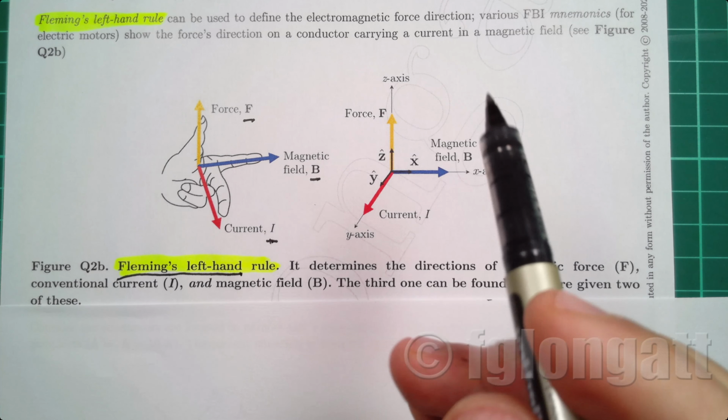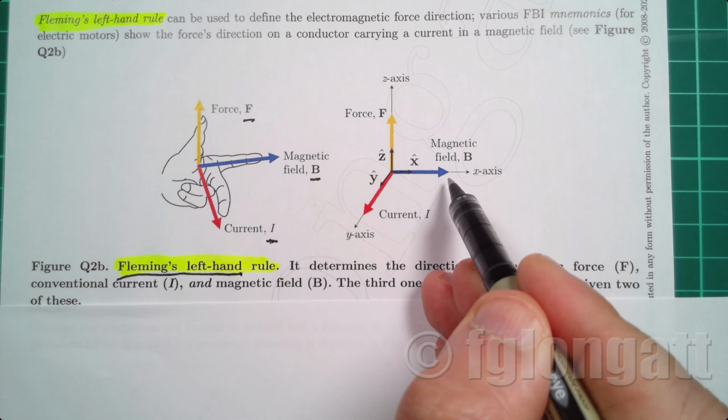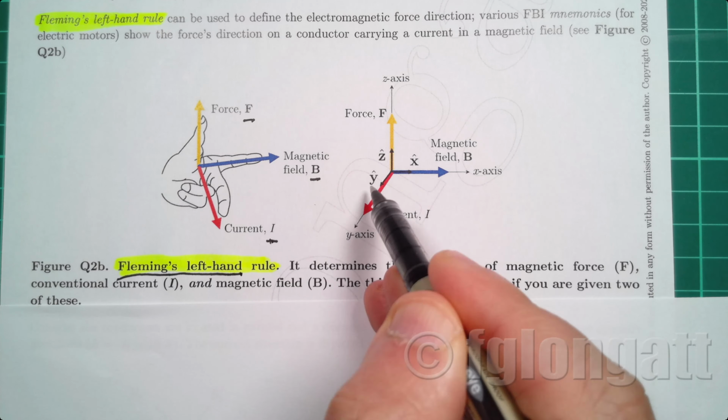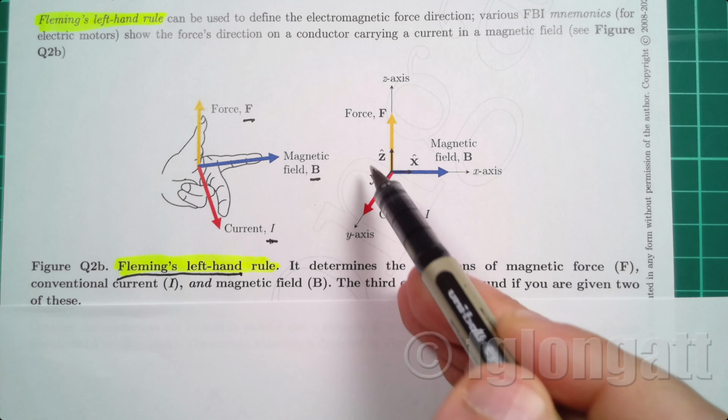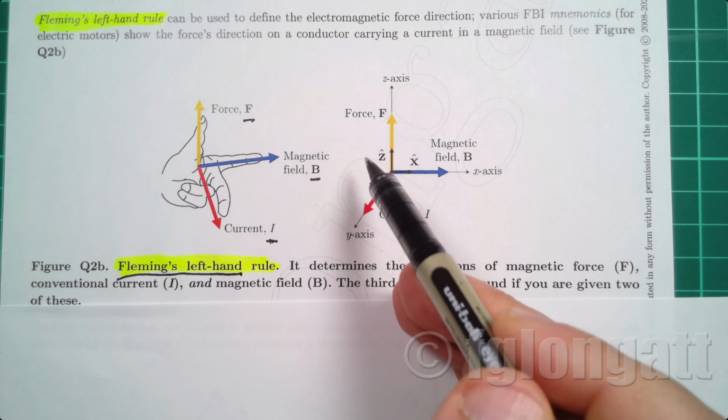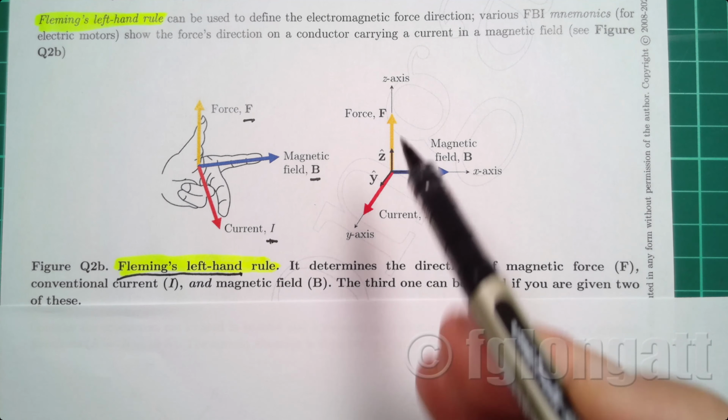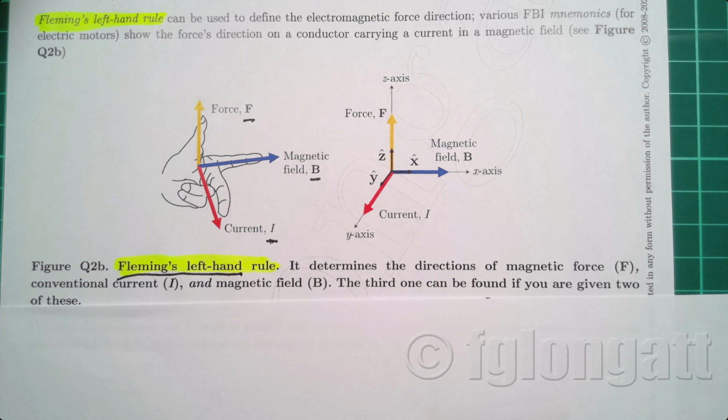So what it's telling you is that if we have magnetic field density and current in one plane, the electromagnetic force will go perpendicular to that plane, and that will be the force, okay?